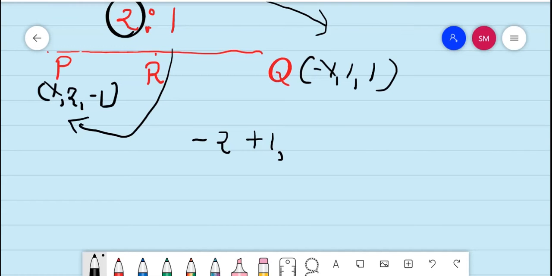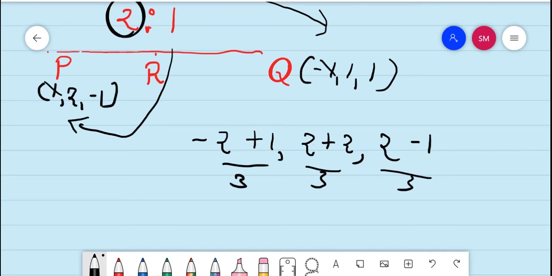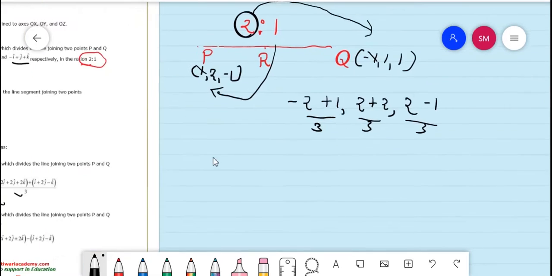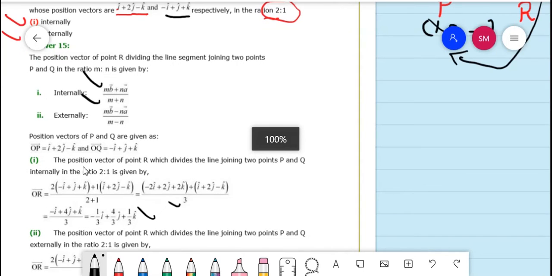Then 2 ones are 2 plus 4, then 2 ones are 2 plus 2, then 2 into 1 is 2, then 1 into -1 is -1, upon 2 + 1 which is 3. So this is your answer. You can see if you use the 10th standard method, then also you will get it. So it is very easy to understand, not very difficult.